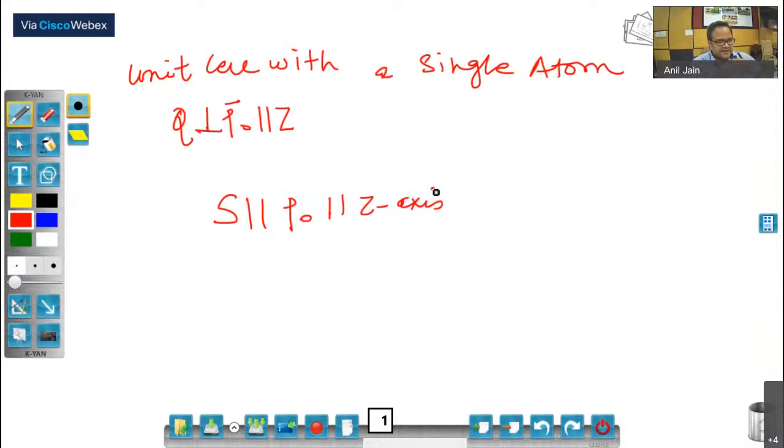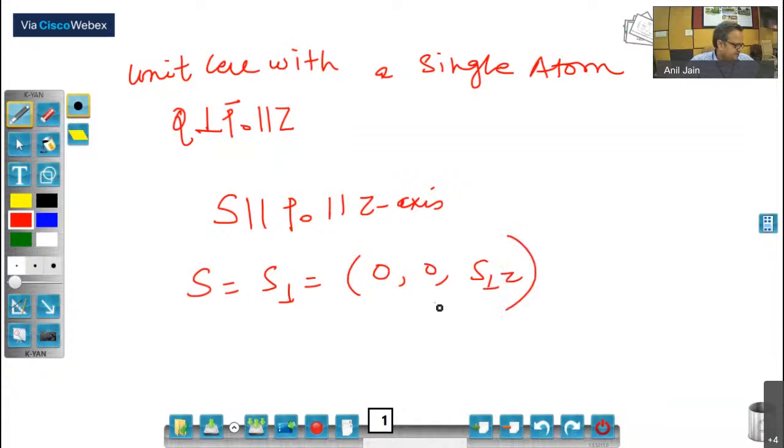So your S is along the Z axis. One can easily see that in this case S perp is 0, 0, S perp of Z, so S perp of X is 0.